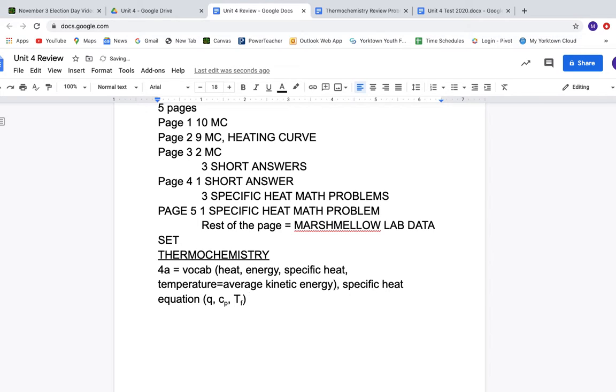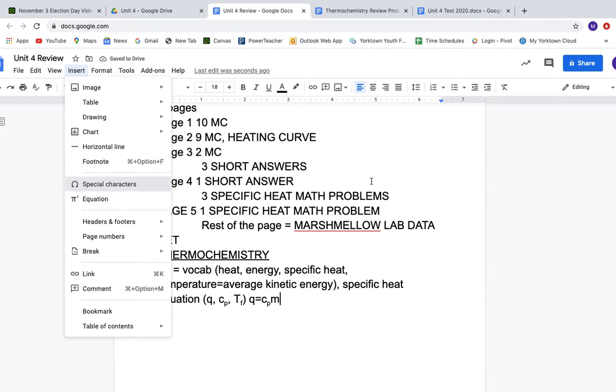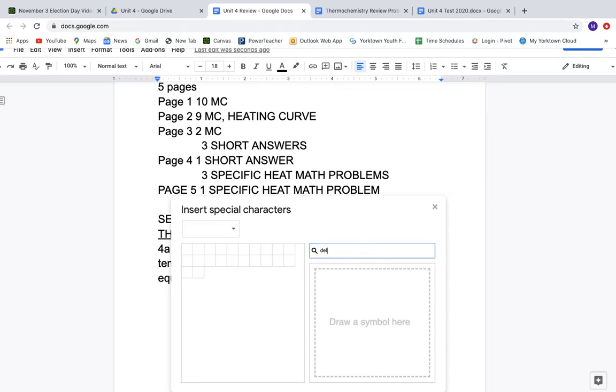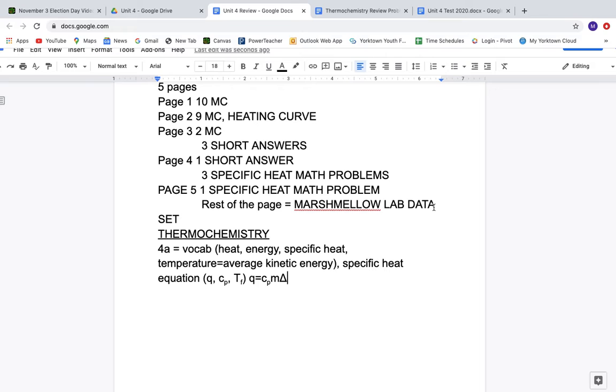And remember, the equation is Q equals CP M delta T. And remember, that's all multiplication. So CP times M times delta T.